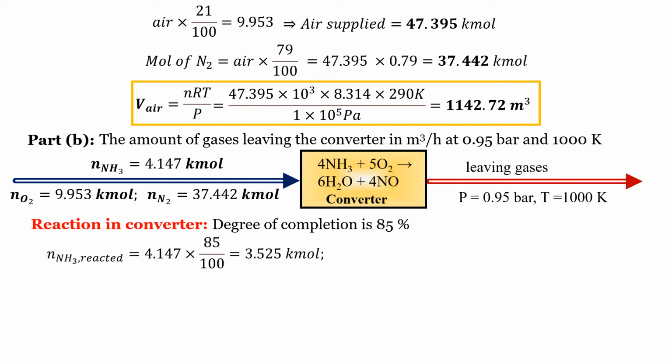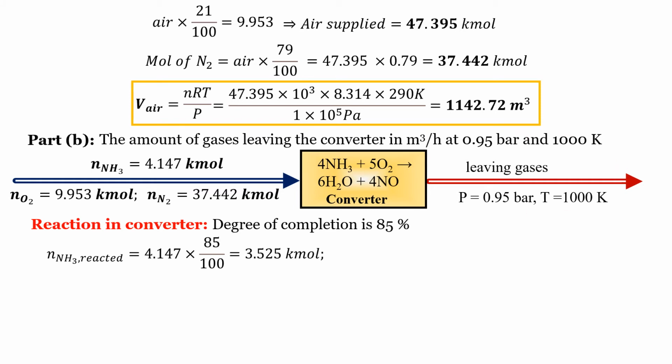So we can write that the moles of NH3 reacted will be equal to 85%, and it will come out as 3.525 kilomole. So only this many moles will react. The remaining moles will come out unreacted in the leaving gas.